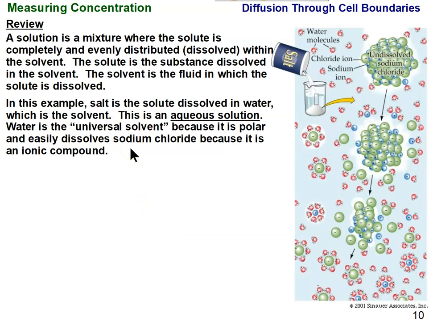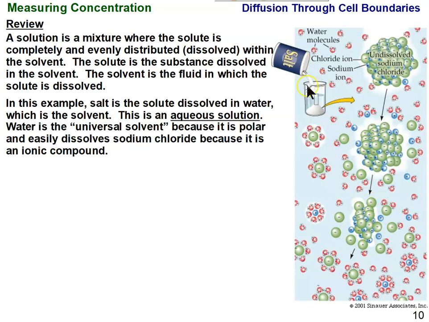We learned this back in our biochemistry unit because it's polar, if you'll recall. Water's polar, and it forms hydrogen bonds. And because it's polar and will form hydrogen bonds, it'll form hydrogen bonds with itself, but it'll also interact with other things too, other molecules and other ions in solution.